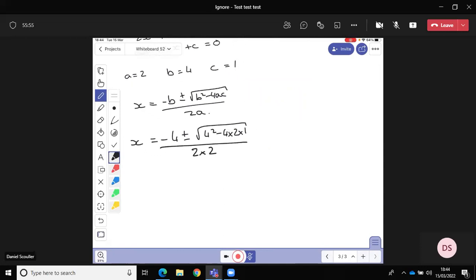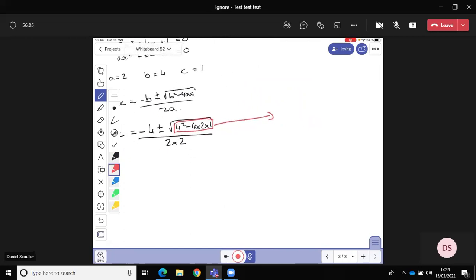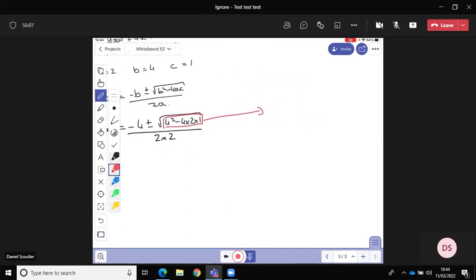Now I said, just for simplicity and to keep yourself right, take this wee bit out. You don't have to do this, but it keeps you right. B squared minus 4ac, so 4 squared minus 4 times 2 times 1: 16 minus 4 times 2 is 8, times 1 is still 8.